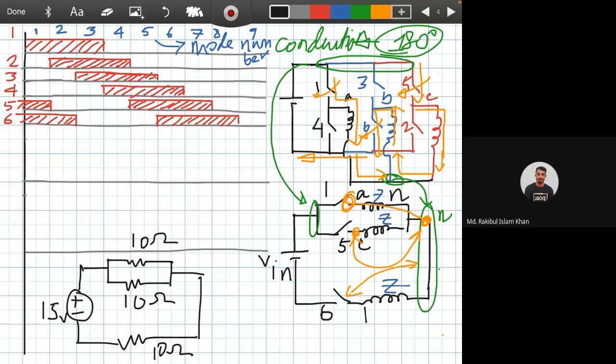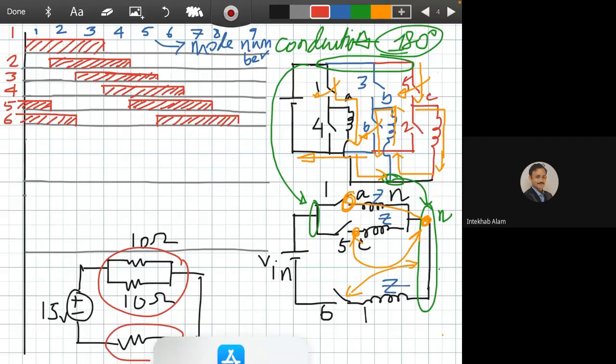Okay, so if it is like this, what will be the value of this voltage and what will be the value of this voltage? How will you find these two voltages? The upper 10 ohm resistances are in parallel. So what will be the value? 5.